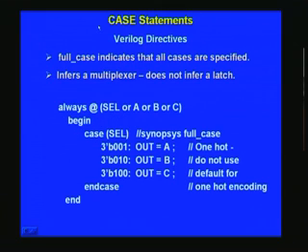And we have also considered case statements, and we will now see what Verilog directives are. There are basically two directives called full case and parallel case, and this indicates something when you have a case statement here. For the case, let us consider 3 bits of information.